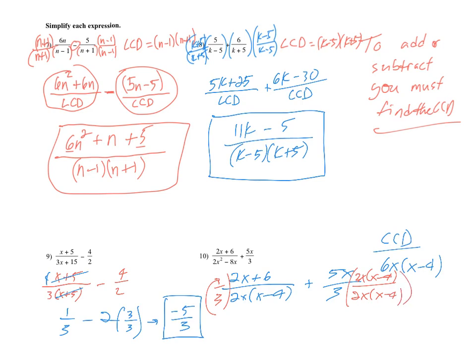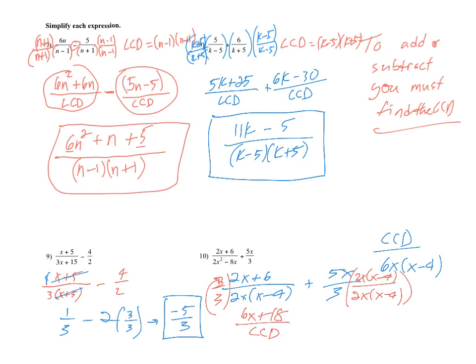Okay, so this is a 3. Okay, so here we're getting 6x plus 18 over our LCD. And here we're getting more stuff, because we're getting 10x squared times x minus 4.